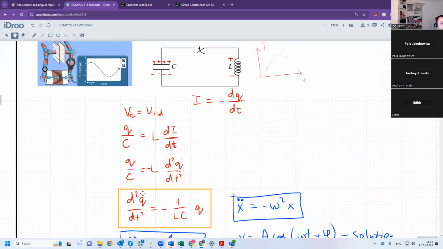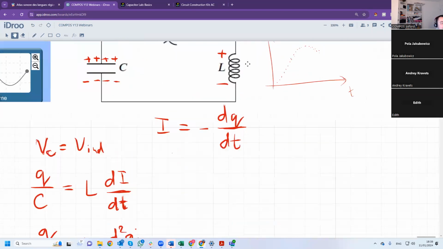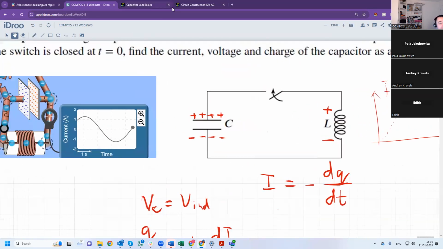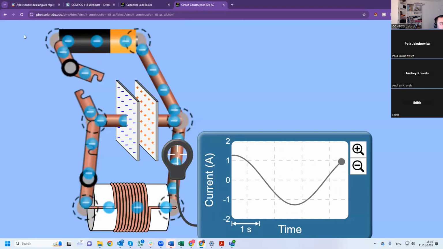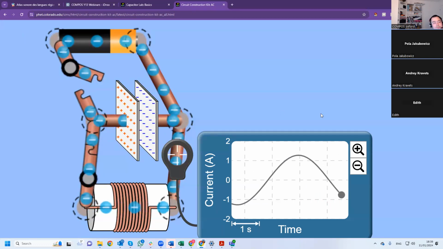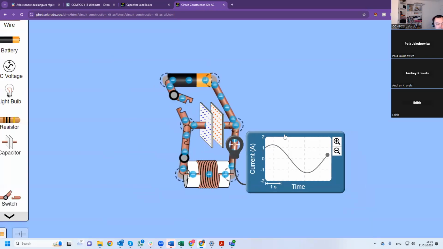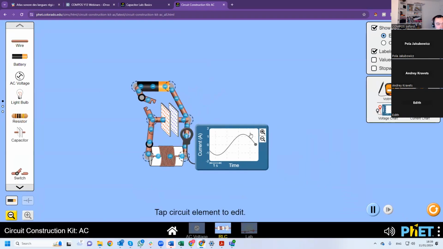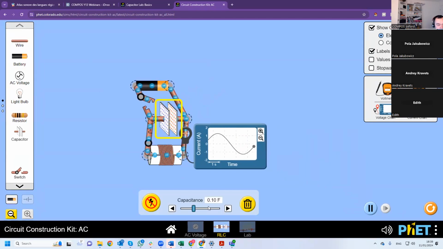So let's use the real thing. Capacitance is 0.1 farads.